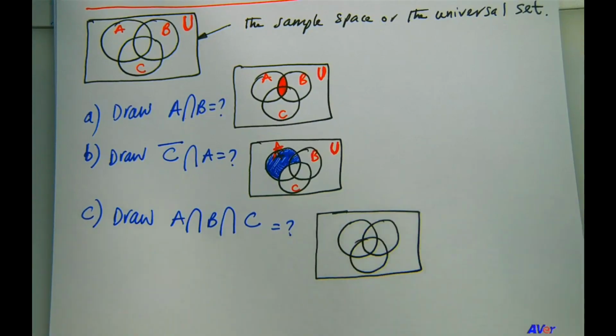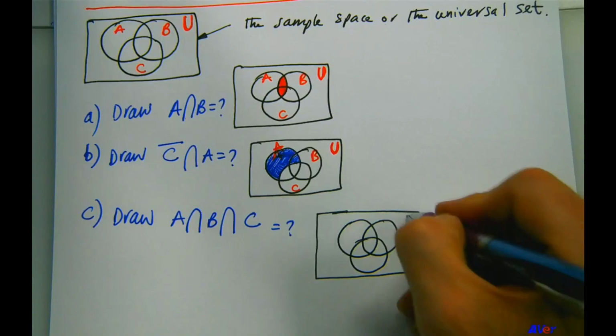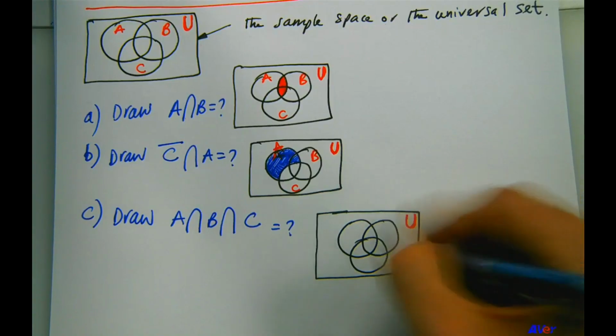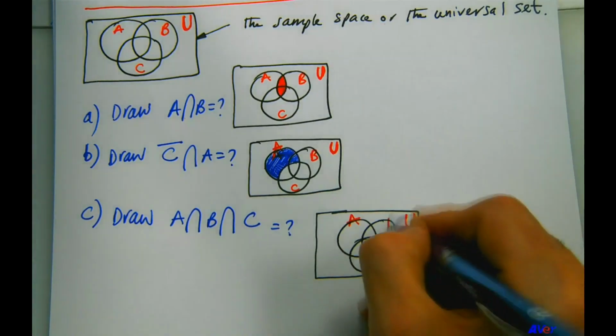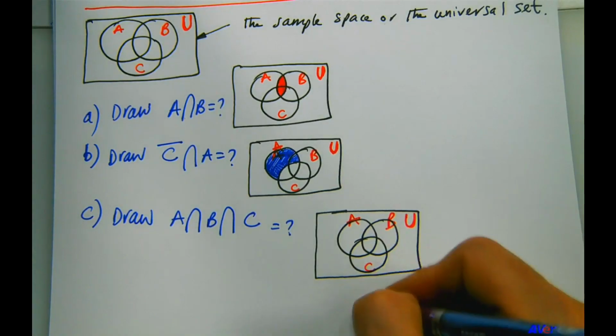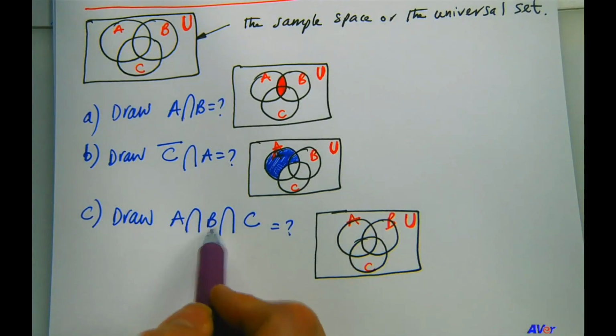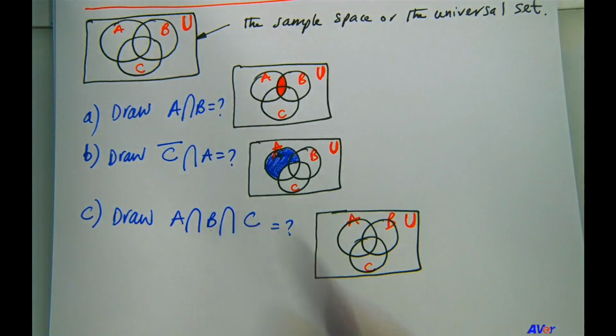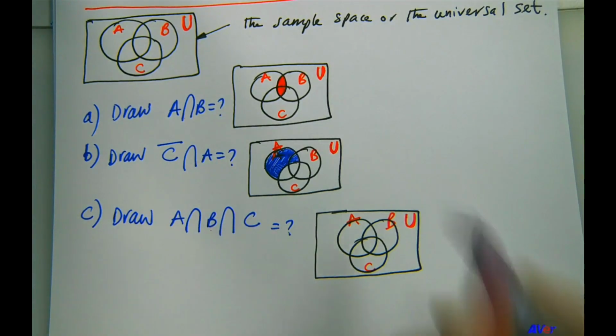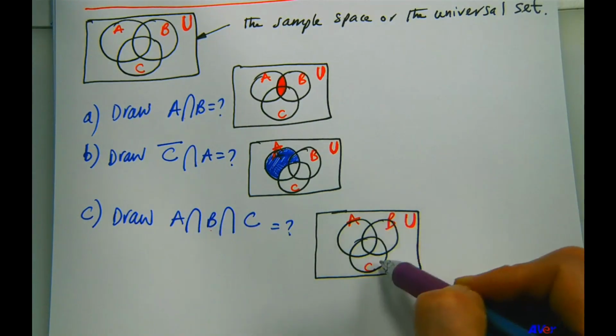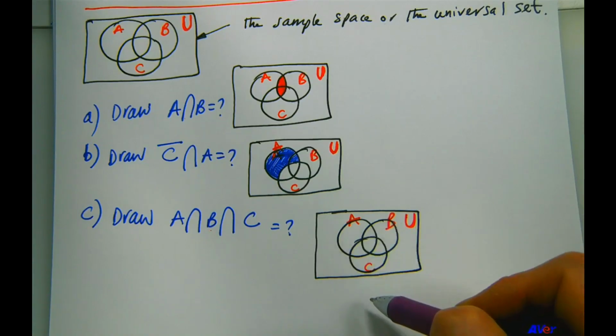Like that. And then, of course, this is the sample space, the whole box. Then A, B, and C, right? So A intersection B intersection C is the area common to all three. When you look at this, what region is common to all three sets?